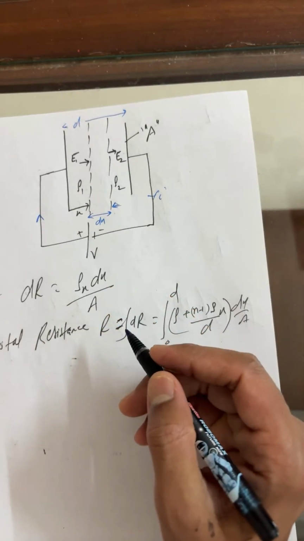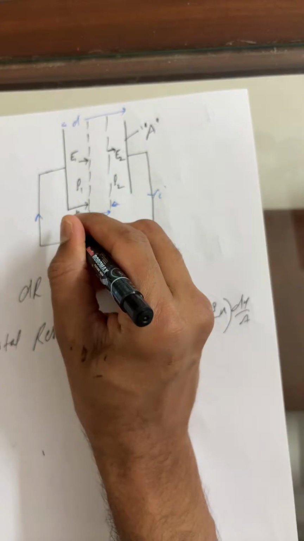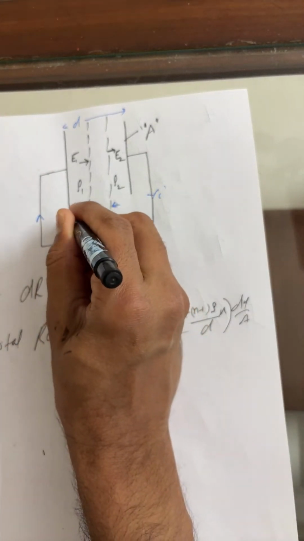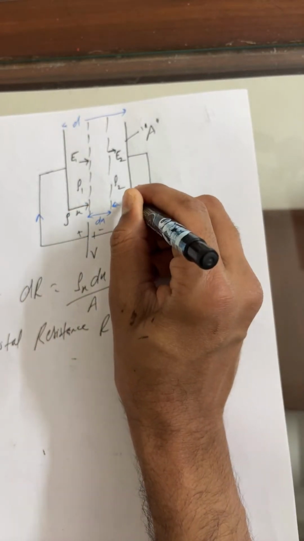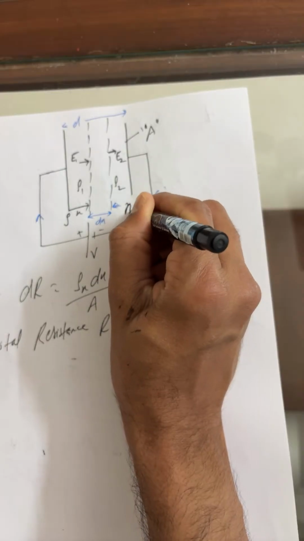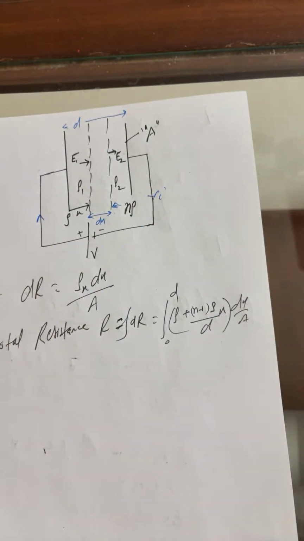Here I have taken the initial resistivity as ρ and the final resistivity as n times ρ.